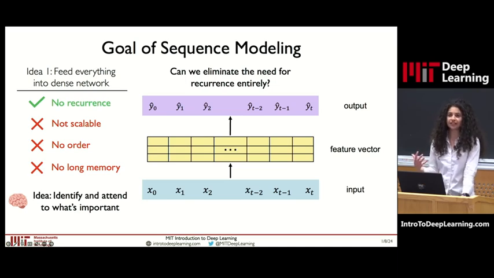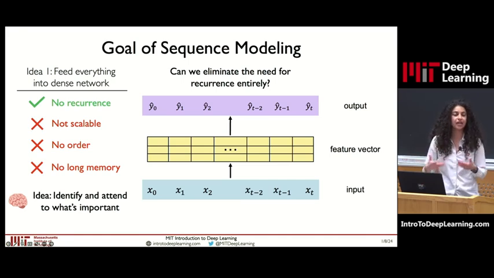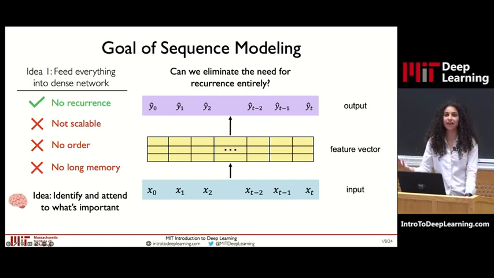The core idea that came about 5 years ago when thinking about how we can build a more effective architecture for sequence modeling problems was, rather than thinking about things time step by time step in isolation, let's take a sequence for what it is and learn a neural network model that can tell us what parts of that sequence are actually the important parts, what is conveying important information that the network should be capturing and learning.